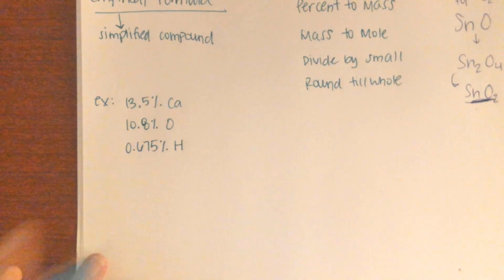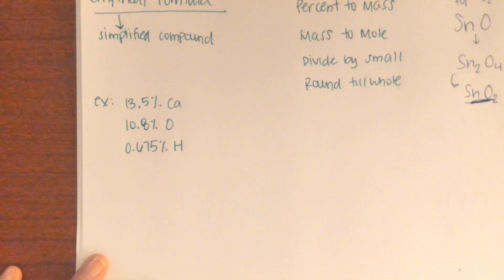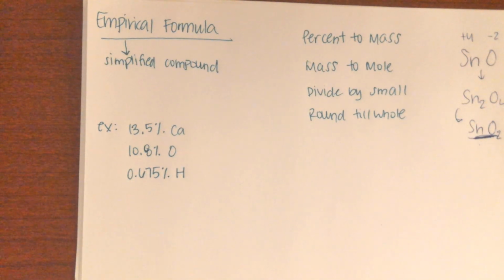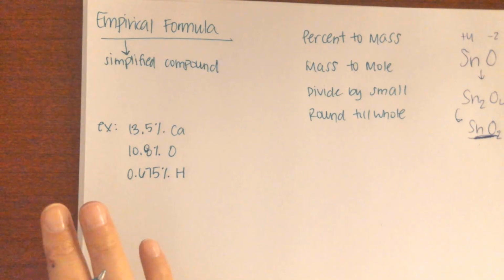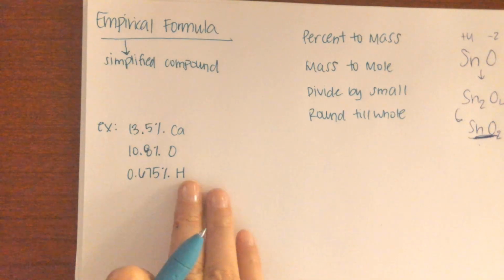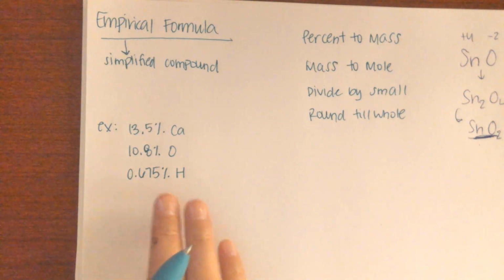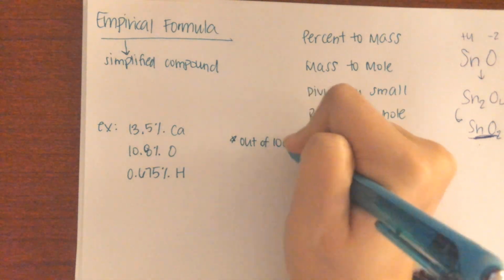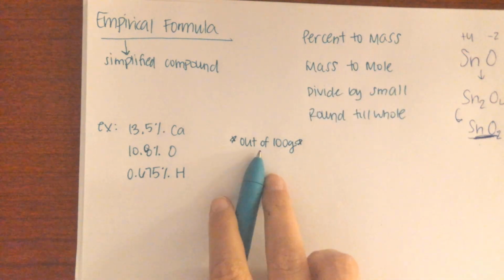So we have these percentages. And when it comes to empirical formula calculations, just to make things easier, because life is already hard, we're going to assume everything's out of 100 grams. Always assume out of 100.